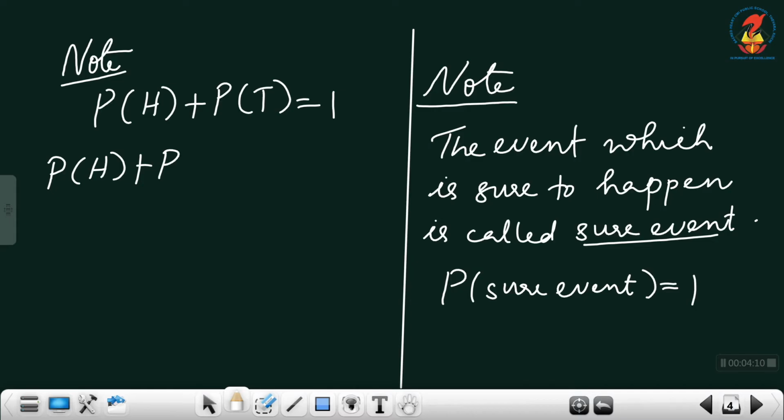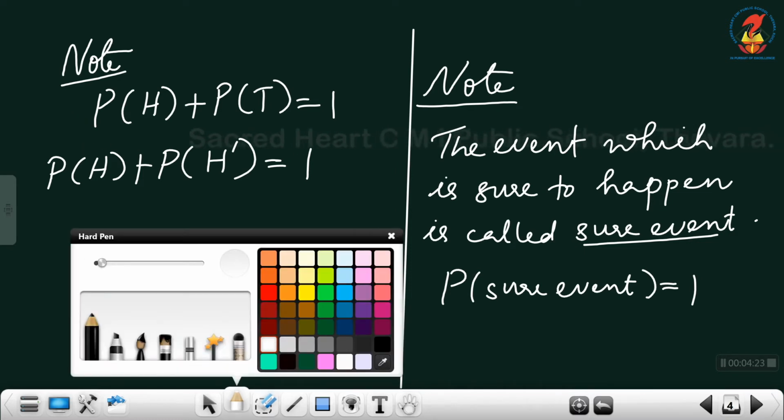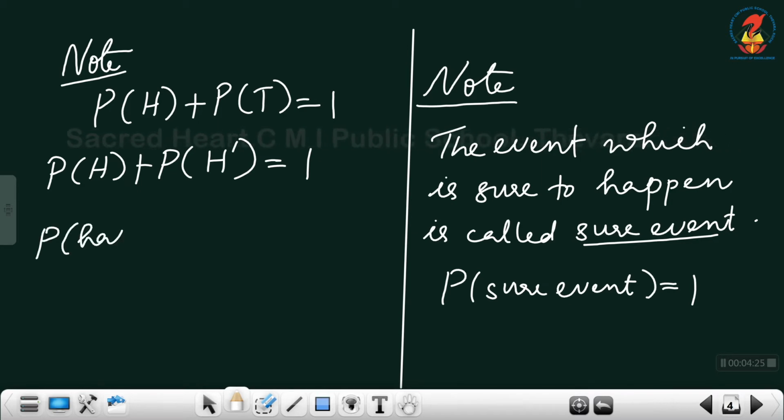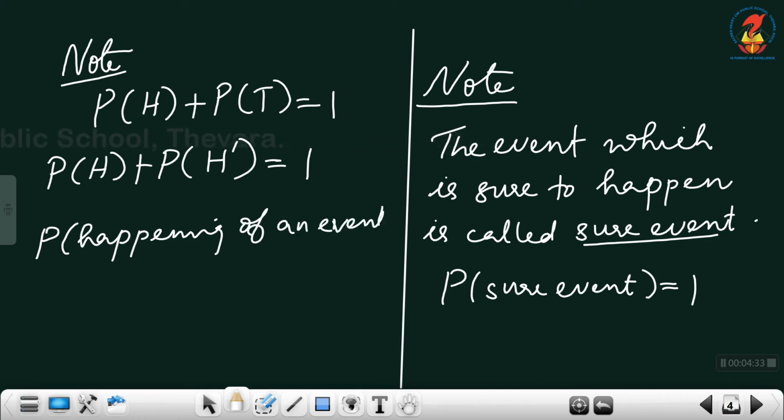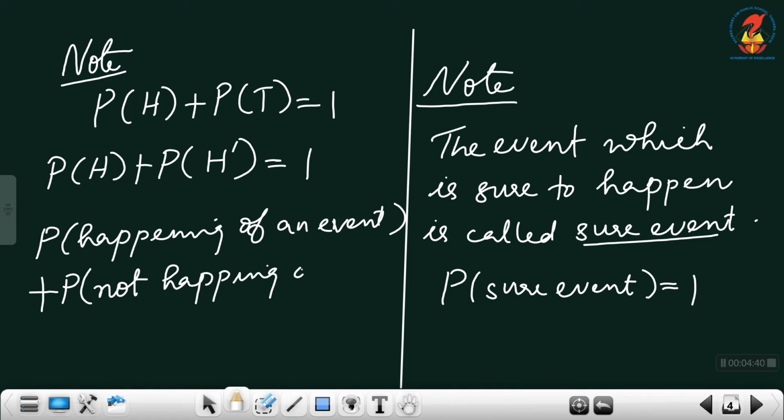That means P of H dash is equal to 1 minus P of H. Probability of happening of one event plus probability of not happening of the same event is equal to 1.